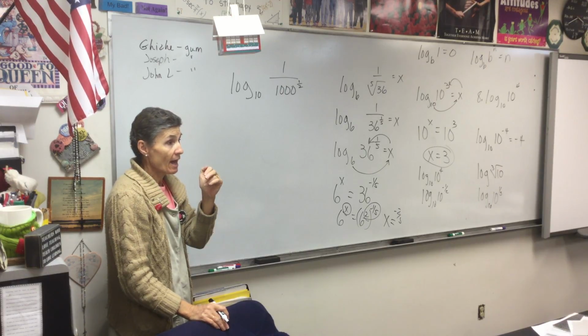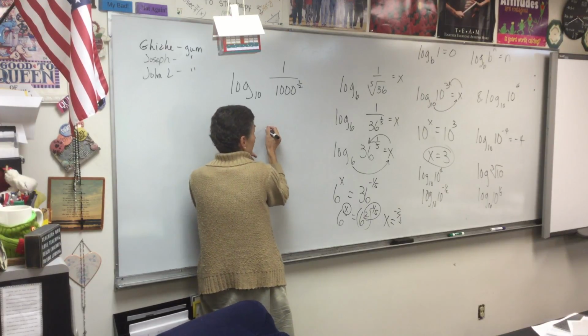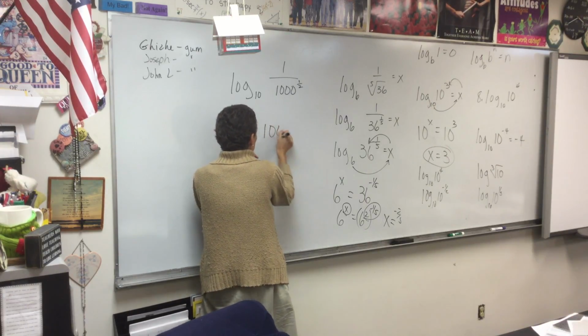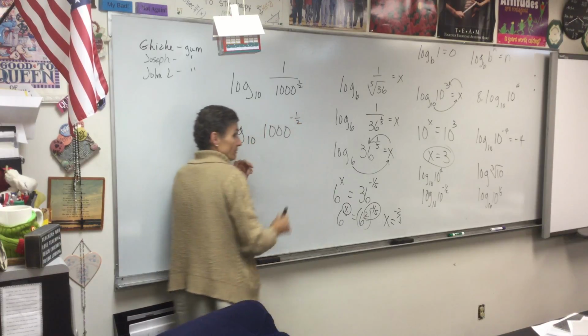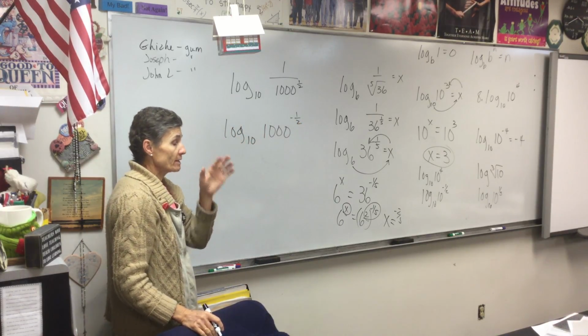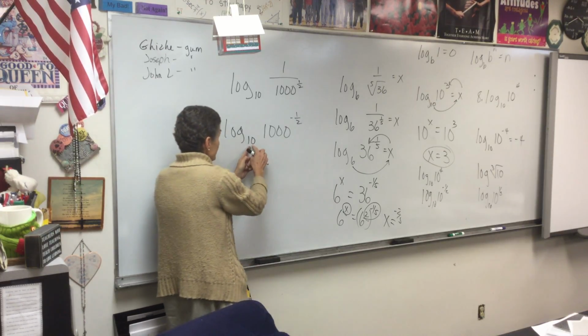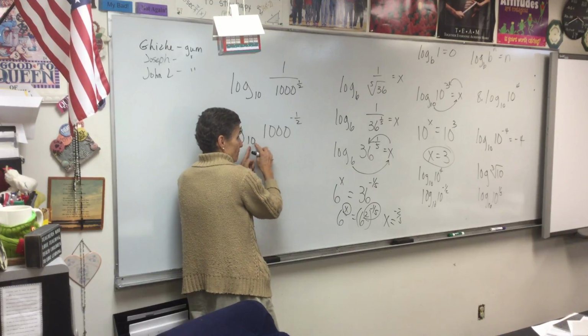Now it's 1 over, so we'll make that negative. The log base 10 of 1,000 to the negative 1/2. Now there will be kids at this point that say the answer is negative 1/2. No, no, no. You can't do that until these two numbers match. They don't match yet.